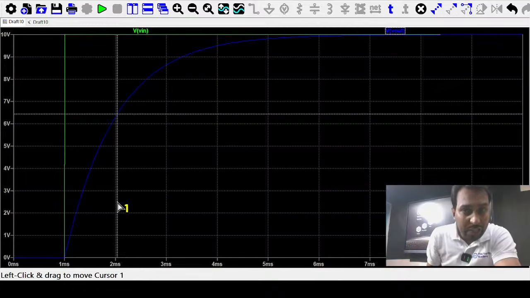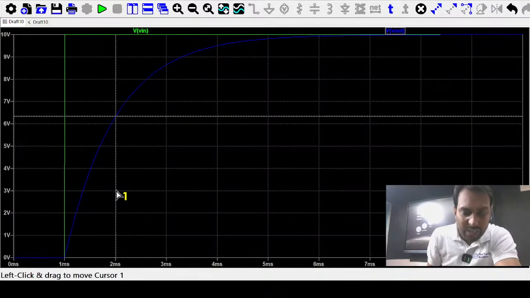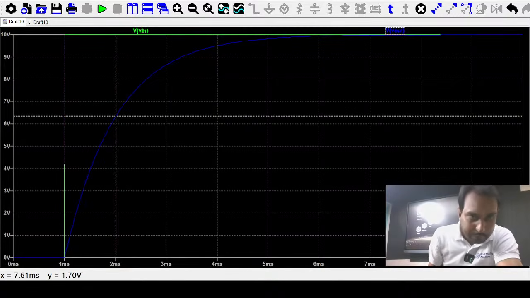If t is equal to tau, at the time constant, you will find 10 times 1 minus e power minus 1. e power minus 1 is 0.36, and 1 minus 0.36 is 0.63. So 10 into 0.63 is nearly about 6.3 volt. Just check it at nearly 2 millisecond, you will find that the voltage is 6.34 volt. Okay, that is nearly about 6.3 volt.